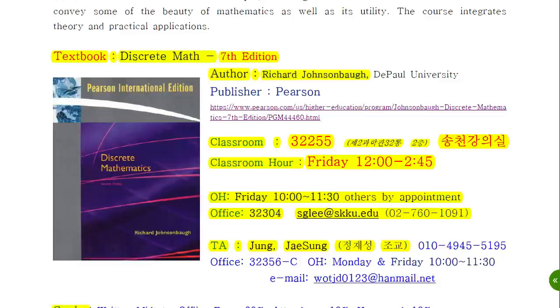This is the textbook that we're going to use. I think this is one of the most well-known textbooks in the whole world for discrete mathematics. Many universities are using this textbook as a standard for the introductory discrete math course.